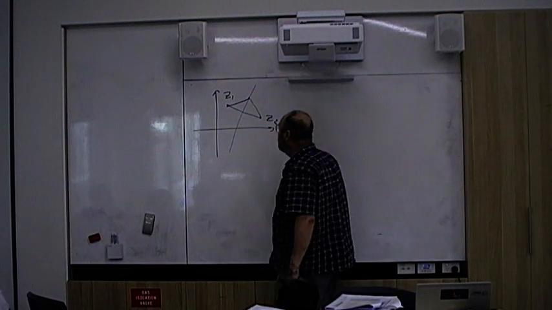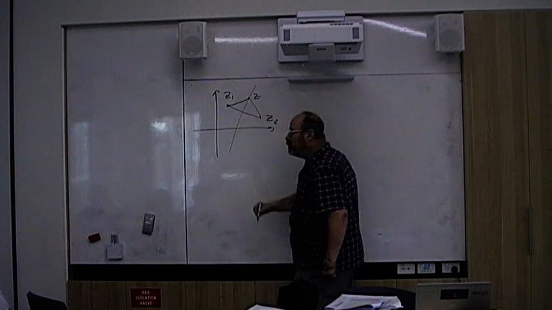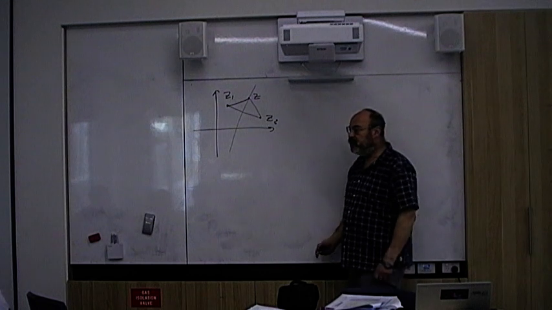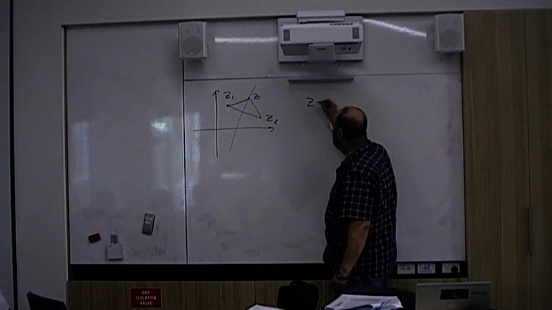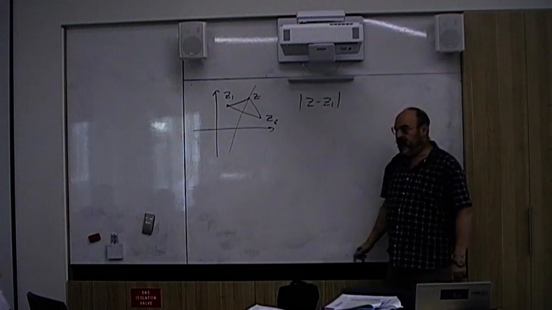How do we express the distance between the point Z and another point on the complex plane? We write modulus of Z minus Z1. That is a distance.